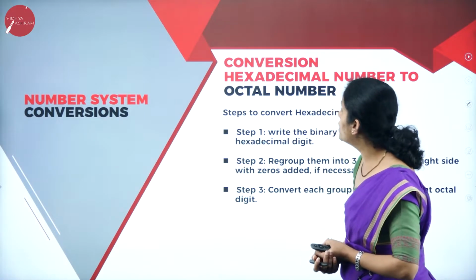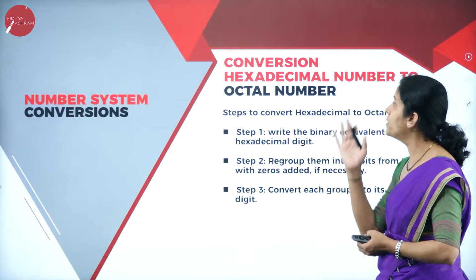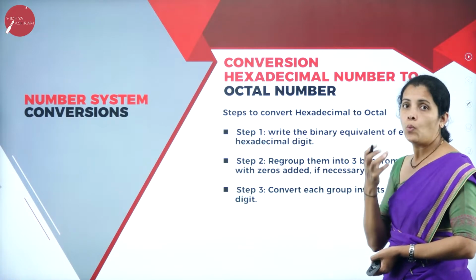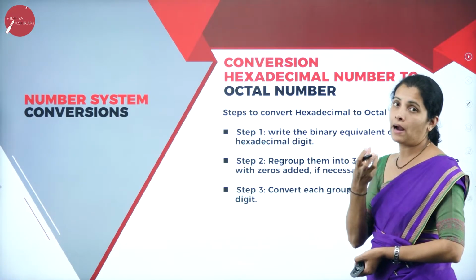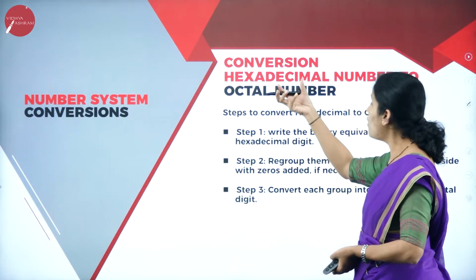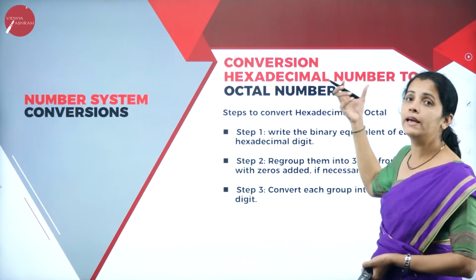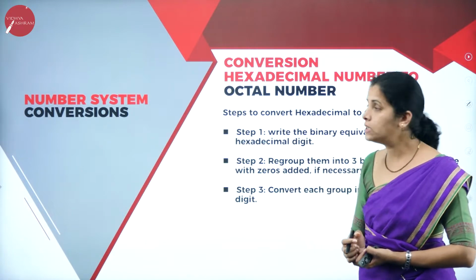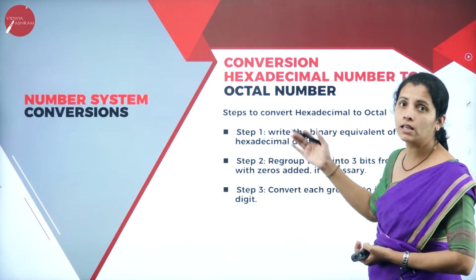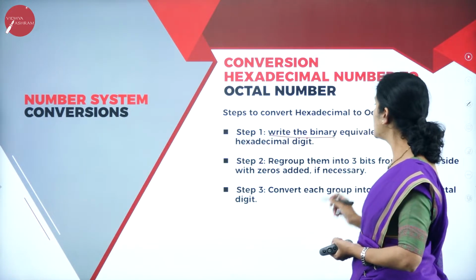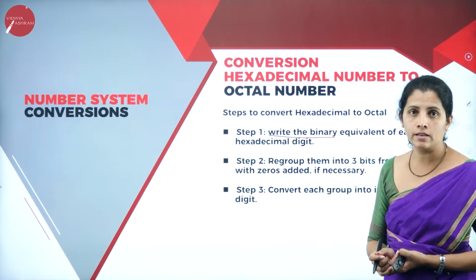Then I'm going to cover conversion from a hexadecimal number to an octal number. That means whatever example I have is in the form of a hexadecimal number, and I want to convert that number into an octal number. For that, what are the rules I need to follow? Step 1, write the binary equivalent.